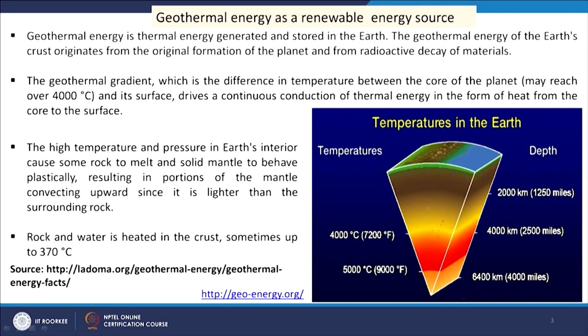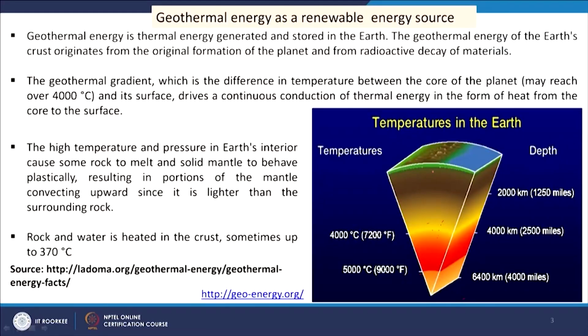And then that heated rock layer, if there is some liquid, say water, the water takes heat from the heated rock, and if the temperature is very high, the water can be converted to steam, or depending upon the temperature of the adjacent rock, the water may be hot water or steam. So, if we can extract this hot water or steam, whatever is available at the crust of the earth or under the earth's crust, then we can recover that heat available in the water.